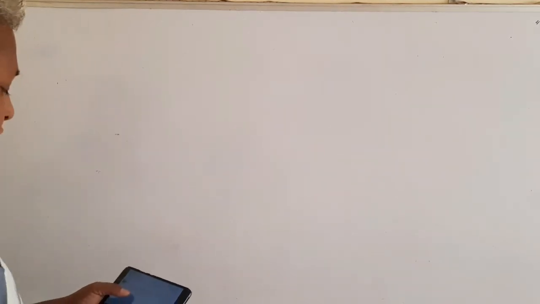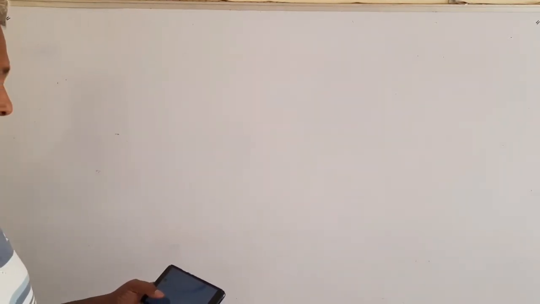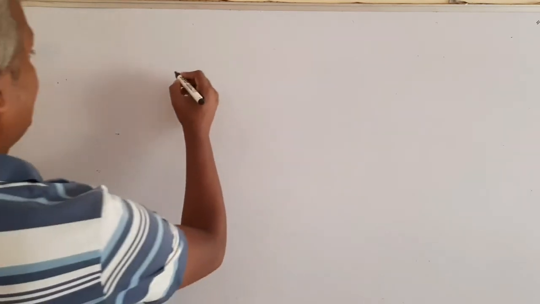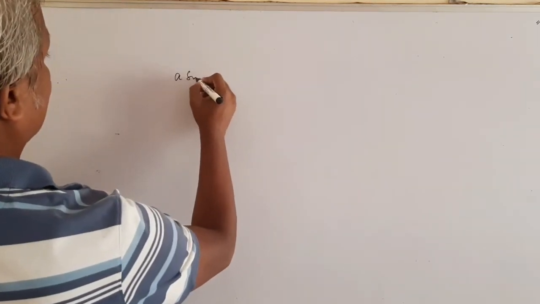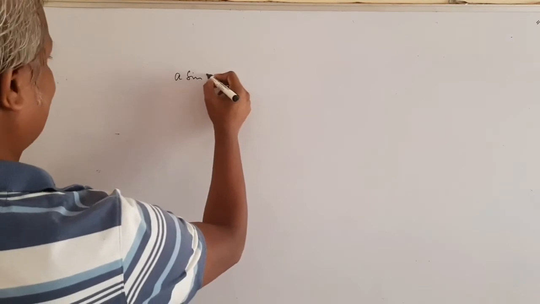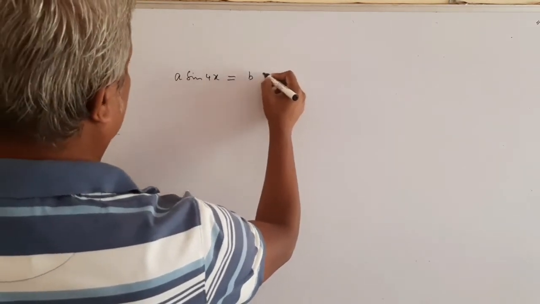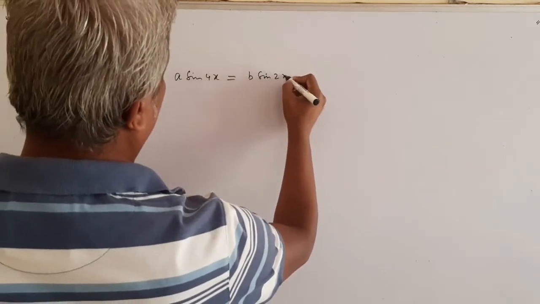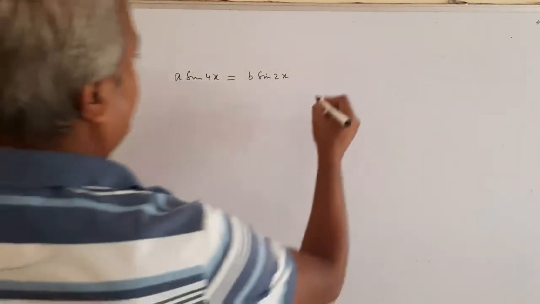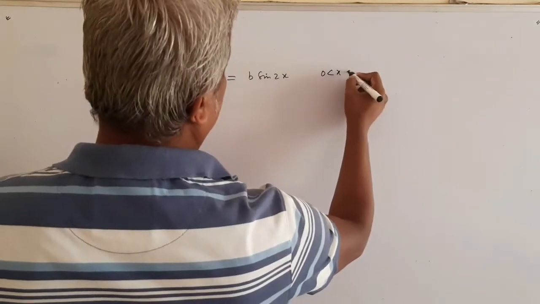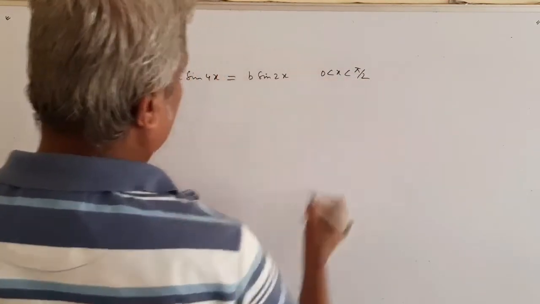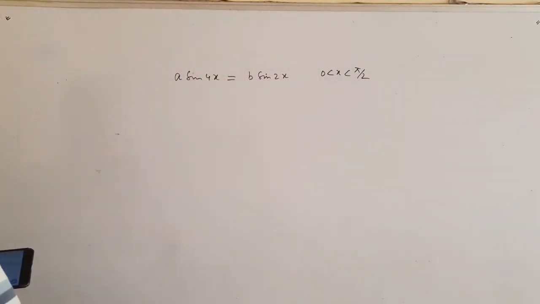Okay, this is the third question, and it's asked by Mr. Arhan Ansari, and the question goes like this: A sine 4x equals B sine 2x, where x is in the open interval 0 to pi by 2.